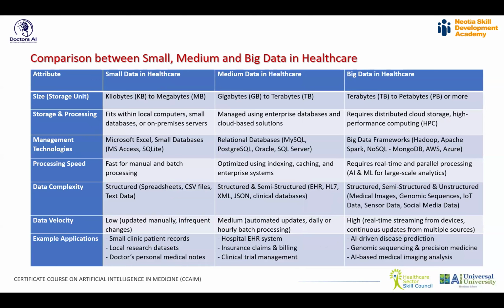So there are multiple databases. For clinical trials, we use some different databases. For hospital management, we use different types of databases. For pharma companies, they use different types of databases. And all those databases, you can store either on-premise, or maybe you can take a cloud.